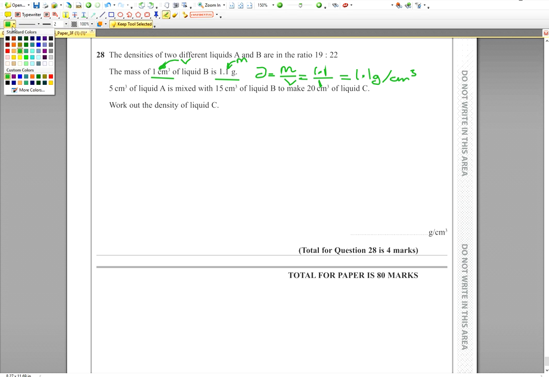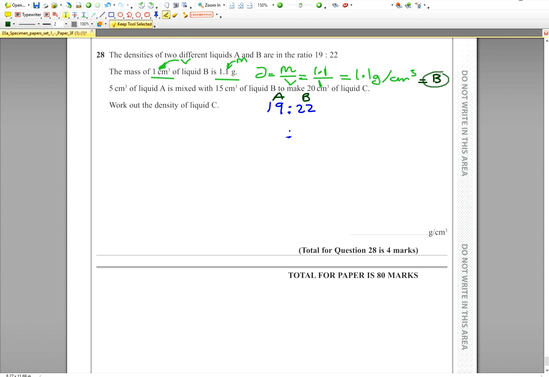So let's change color. The ratio they gave us was 19:22, a ratio of the densities. So you have to understand this. If you look over here, this is liquid A, liquid B, and this density is for which liquid?